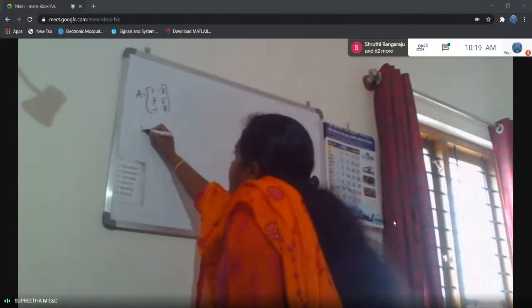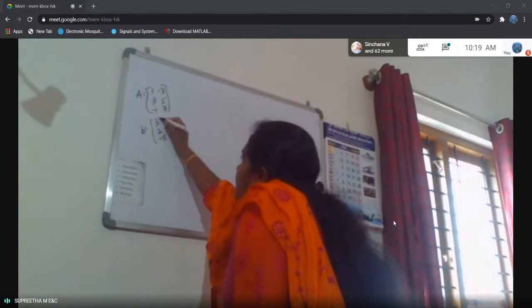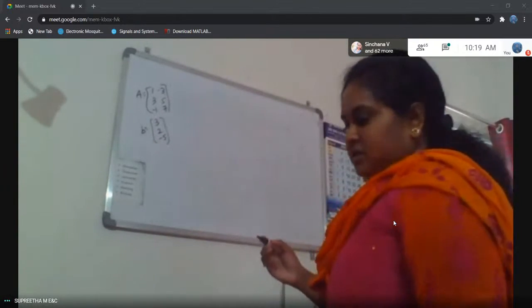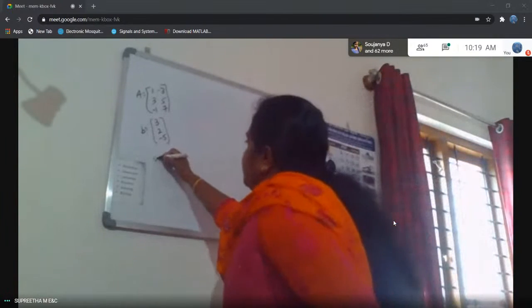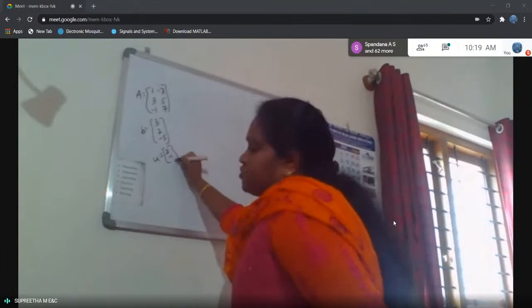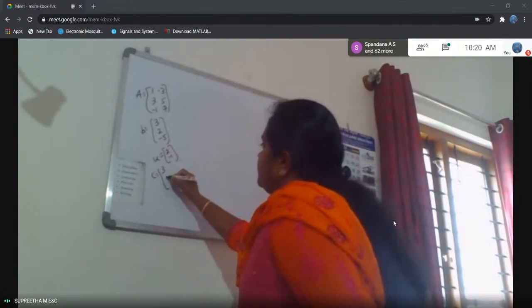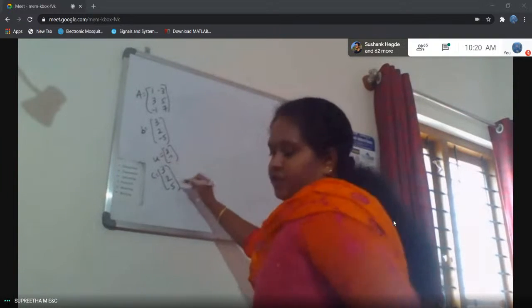U is again a column matrix with 2 and minus 1, and C is a column matrix with 3, 2 and 5.